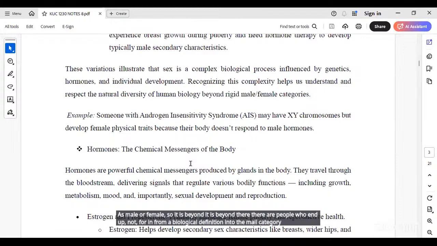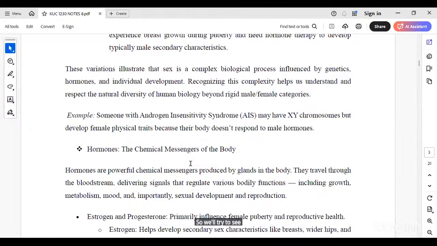There are people who will not fall into the female category on the basis of the biological definition. So we'll try to see how we deal with this as we go forward.